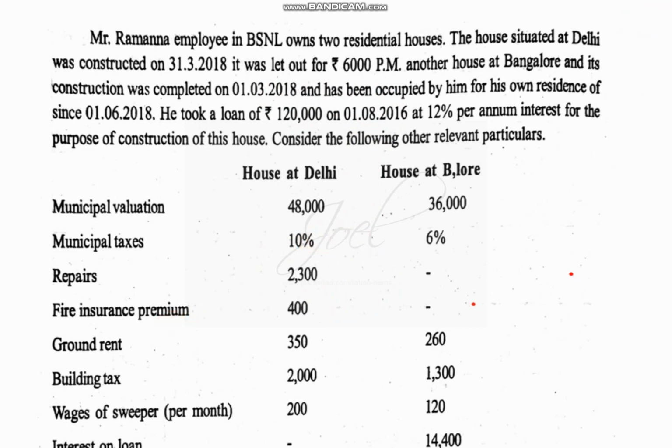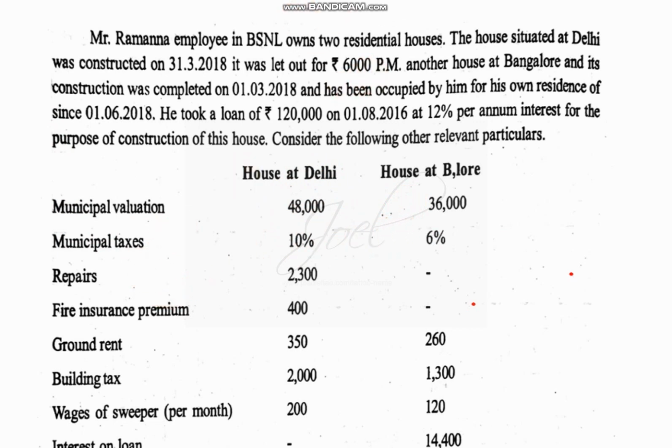See, other information we'll see. Municipal valuation: there is no other information to calculate expected rent except this. Only this information is given. There is no fair rental value, no standard rent, nothing. So this itself will be our expected rent.